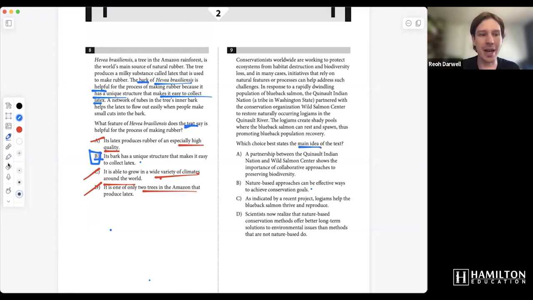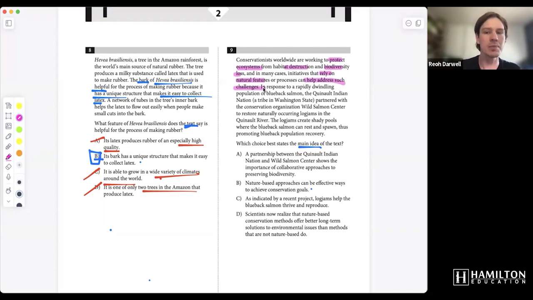So I'm going to highlight where the main idea is stated in the text as a thesis: we are working to protect ecosystems from habitat destruction and biodiversity loss, and natural features address these challenges. So if we want to protect ecosystems from habitat destruction and biodiversity loss, we use natural features. That's the main idea, because that is the thesis of this passage logically.